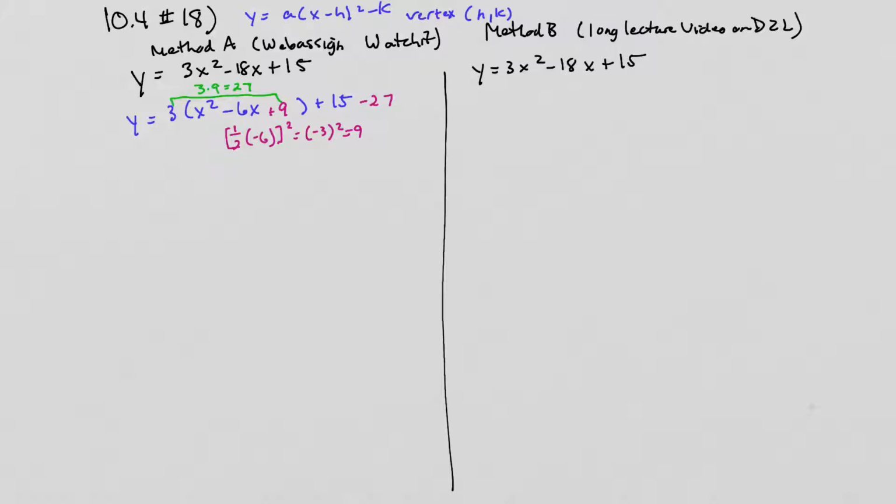So now if you were to multiply this all out, you'd have plus 3x squared, negative 18x, plus 27, and then you'd have the 15 that was there before, and the minus 27 to undo adding the 27 in. So this is the opposite. You undo adding the 27 over there.